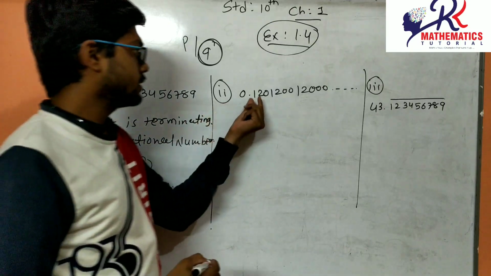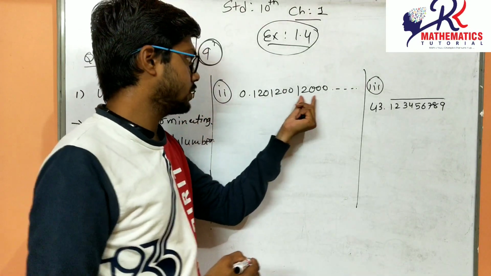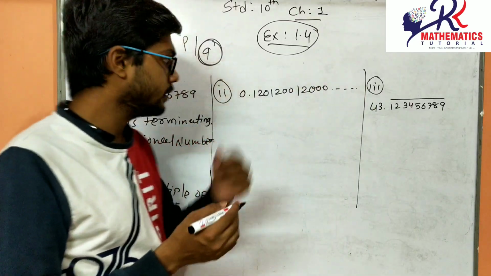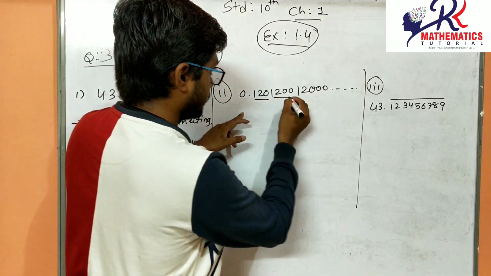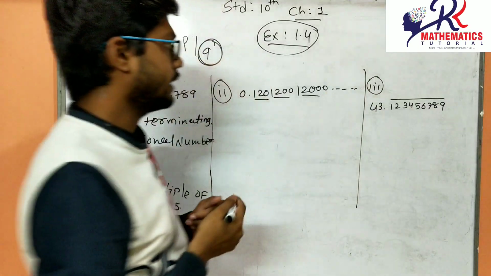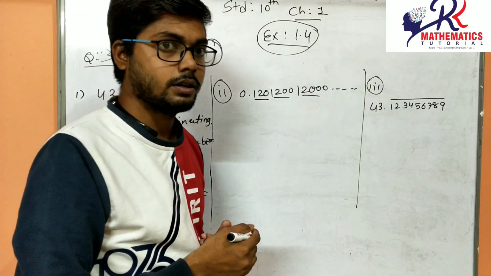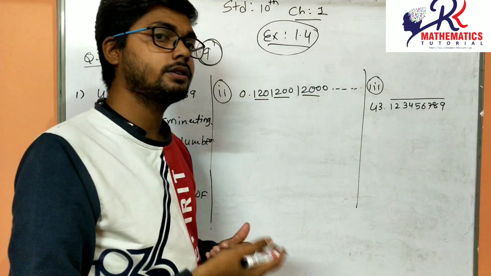Now the second one is 0.120, 1200, 12000 up to infinite. Here this goes up to infinite and is also non-recurring. Recurring means it is repeating and non-recurring means it is not repeating.